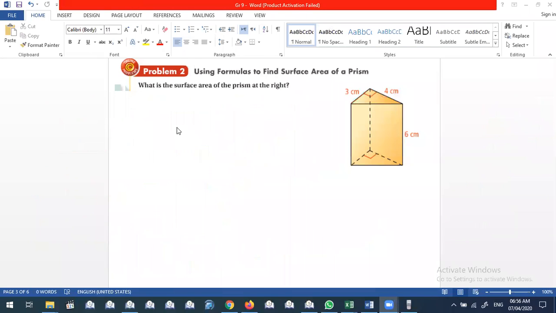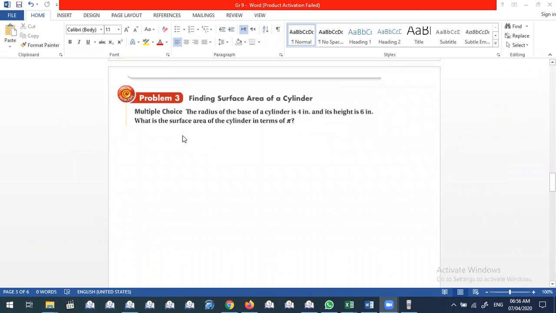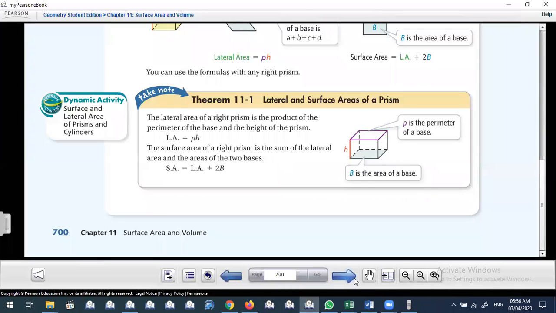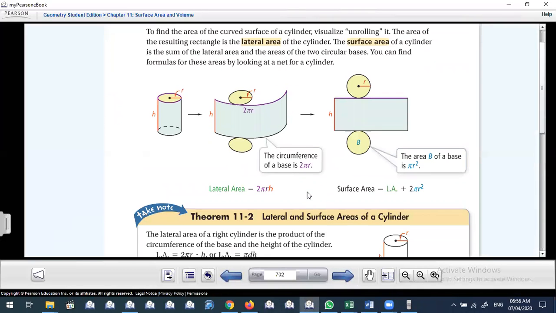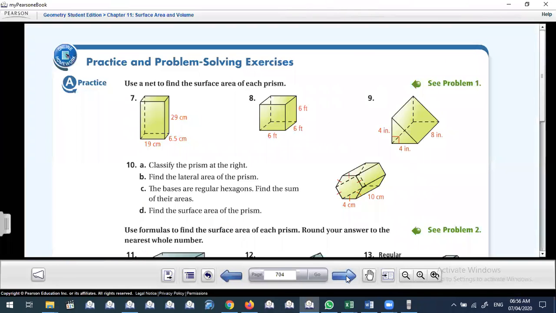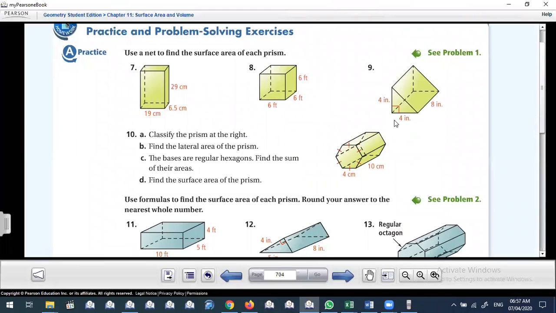Let's solve another exercise about this part. Let's choose another exercise from the book. We are going to use the formula. This one, okay.